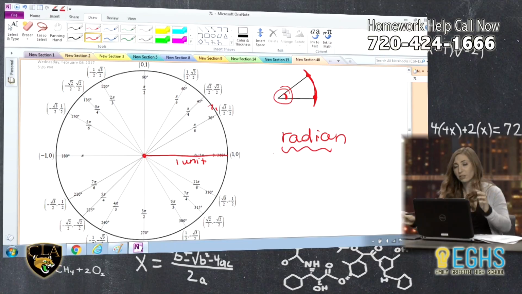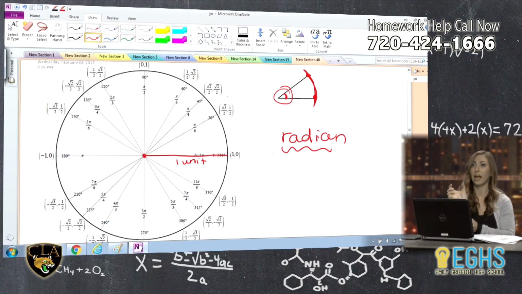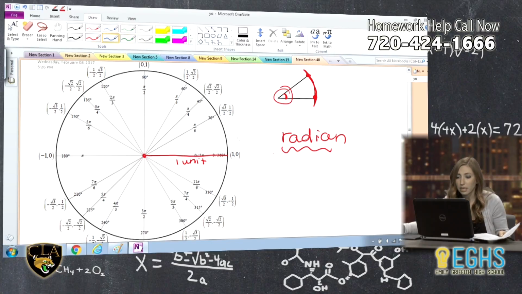Picture a string that is as long as that 1 unit, that red line I drew there. If you were to lay it on top of the arc of this circle, that's about the same length as that red line. So this would be about 1 radian.